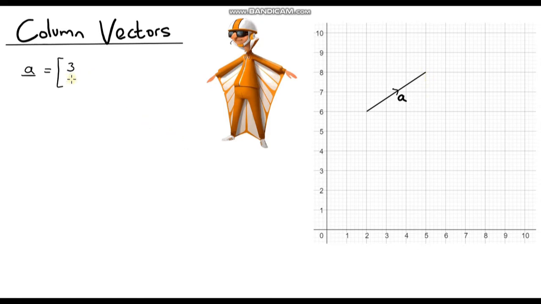So our vertical component will be 2. And we enclose that in a pair of square brackets. So this is called a column vector. And it just gives us information as to the horizontal and the vertical direction of our vector. Now you always put the horizontal component on the top and the vertical component on the bottom.